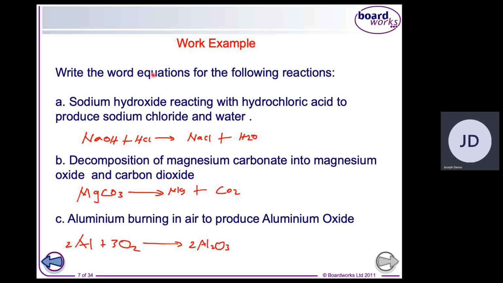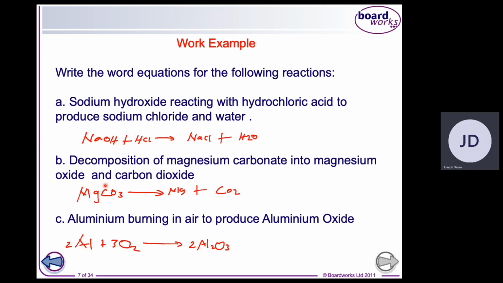So we are using again the same reaction, sodium hydroxide reacting with hydrochloric acid to produce sodium chloride and water. So we're going to have NaOH, which is sodium hydroxide, using the formula, plus HCl, hydrochloric acid, to give us sodium chloride and water.